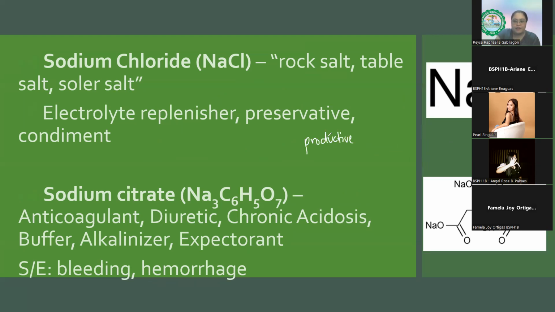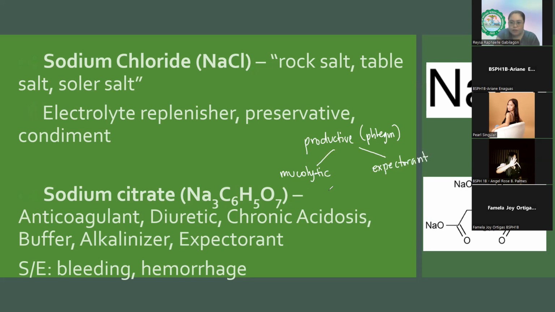Yes, nakadepende kung may plema or wala. Pag productive, may phlegm ito ha. So, ang pwede natin ibigay, pwede siyang mucolytic or I'm running out of time again. Please just go back if maputol ha. Mucolytic or pwede siyang expectorant.